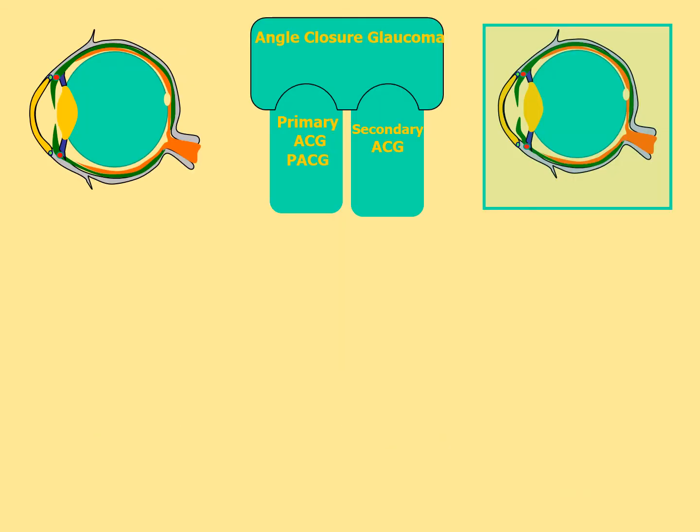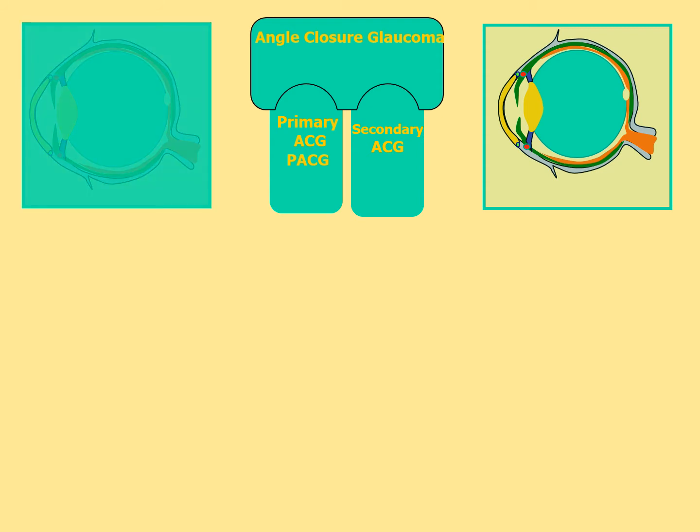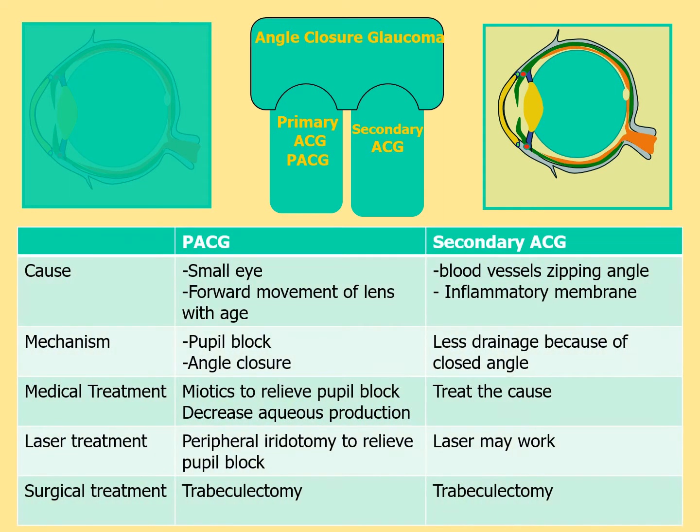Now the angle closure glaucoma can be primary or secondary. If the angle closure glaucoma is primary, it's usually in small eyes. In small eyes the anterior chamber is crowded and there's a forward movement of the lens with age, and that causes the angle closure glaucoma.